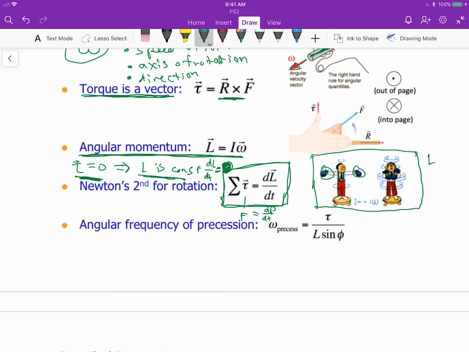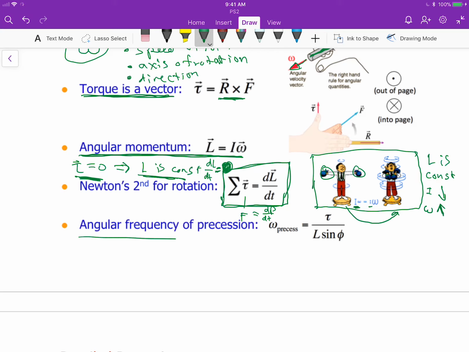So here your I is going down, that's why this I right here is getting smaller, and then your omega is increasing. Keep in mind that angular momentum is constant when you don't have a torque, and if you do have a torque, then your angular momentum changes.